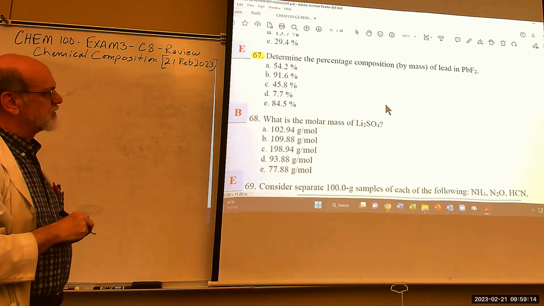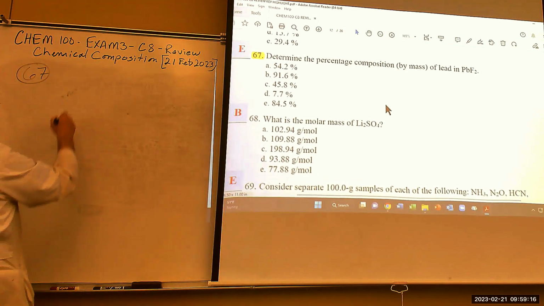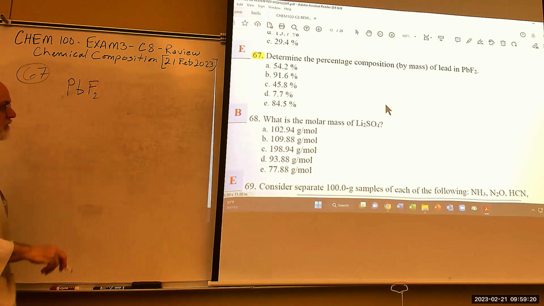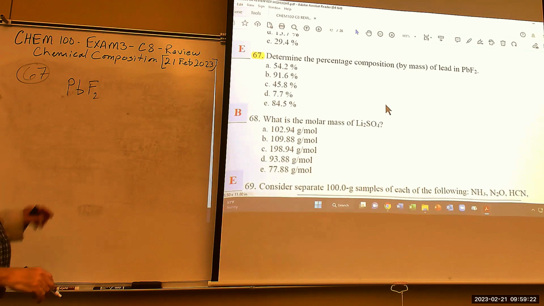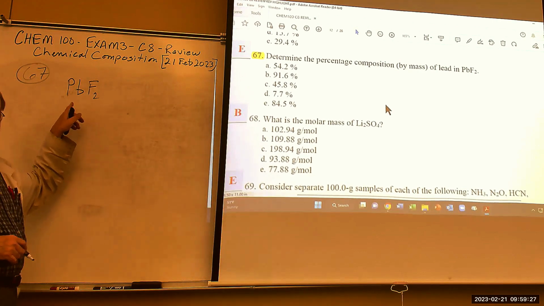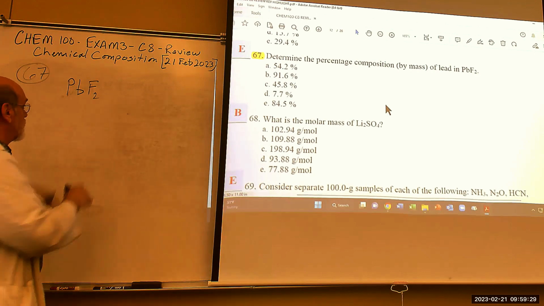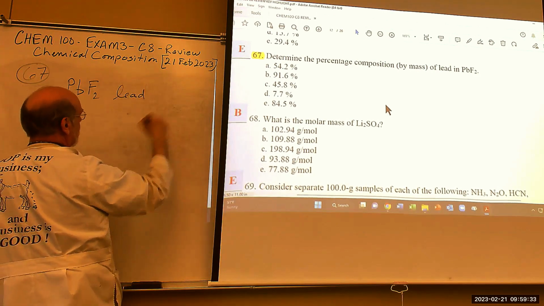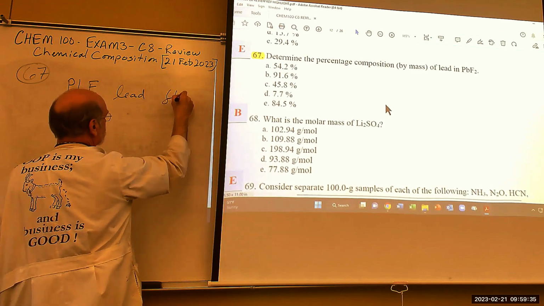Determine the percentage composition by mass of lead in this formula. All right, we know how to do that. Can you name that compound? Well, we know it's lead, and we know it's fluoride.